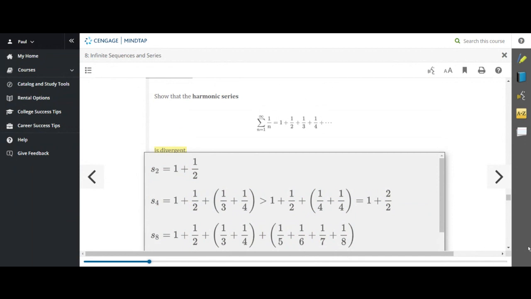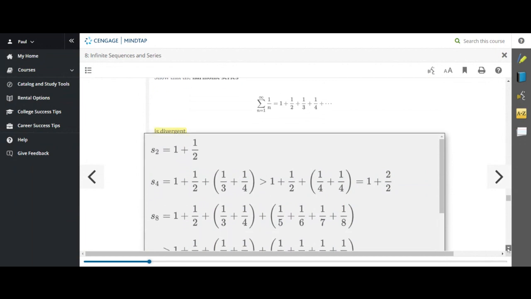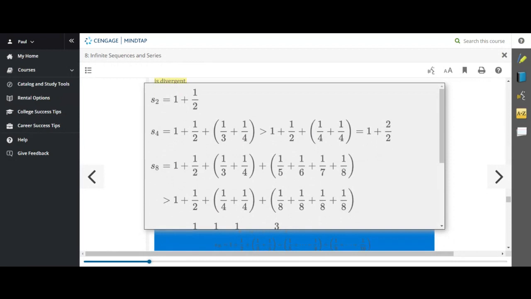Okay, and then they go to S sub 8. So 2 squared is 4, 2 cubed is 8. They're doing partial sums by powers of 2. S sub 8 is the sum of the first 8 terms of the series.